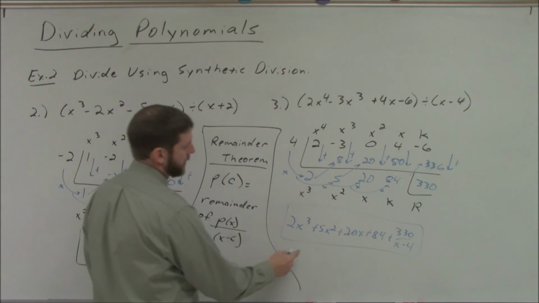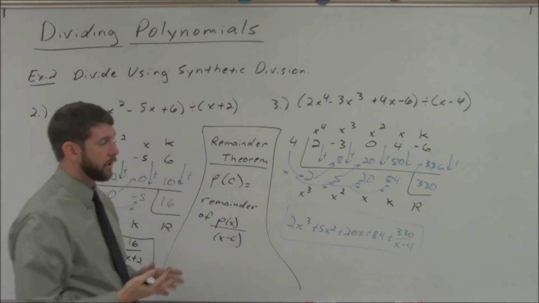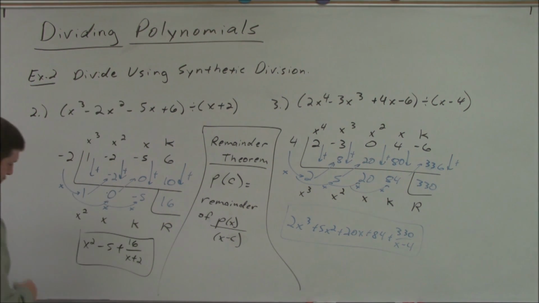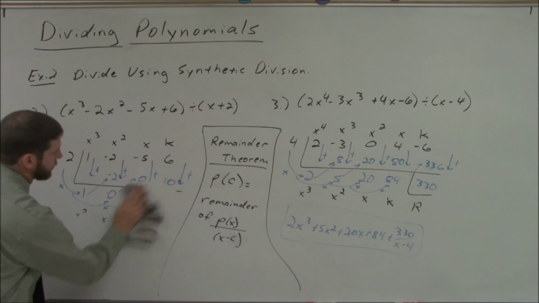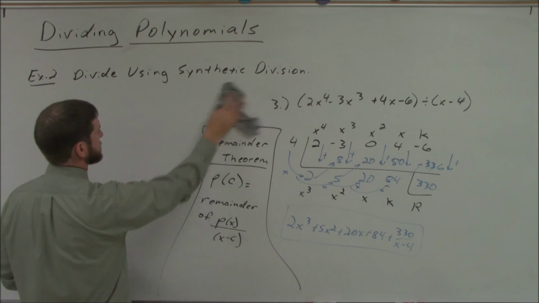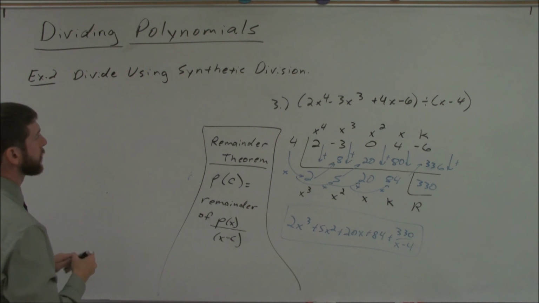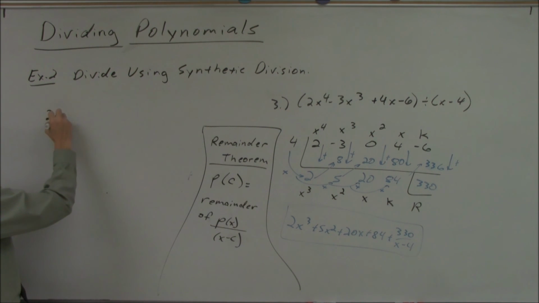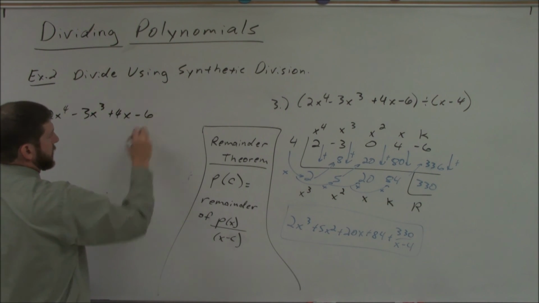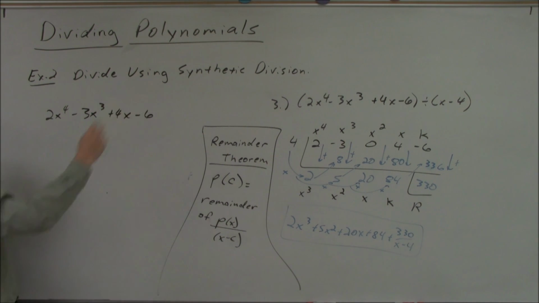So what we see right here, I said 330, assuming all my arithmetic is correct. Well, let's check and see if my arithmetic is correct. Let's take this function, 2x to the fourth minus 3x cubed plus 4x minus 6, and instead of dividing it by x minus 4, let's evaluate it at the opposite of negative 4.